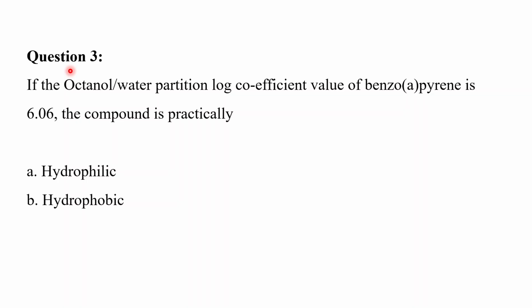If a compound is hydrophobic, it won't get dissolved in water, it can get dissolved in some non-polar organic solvents. Octanol is one such organic solvent. So if a compound is hydrophilic, it will dissolve in water, hence the concentration in water will be higher. If the compound is hydrophobic, the concentration in octanol will be higher.